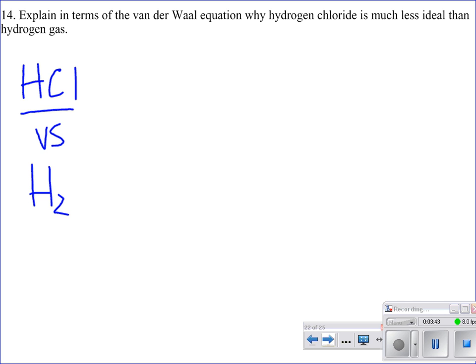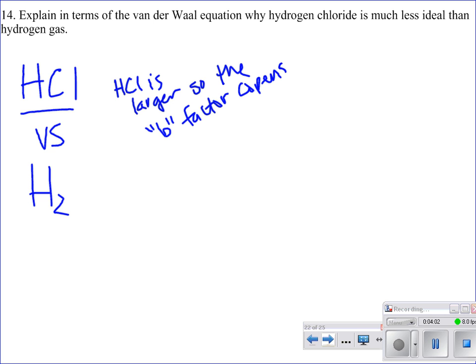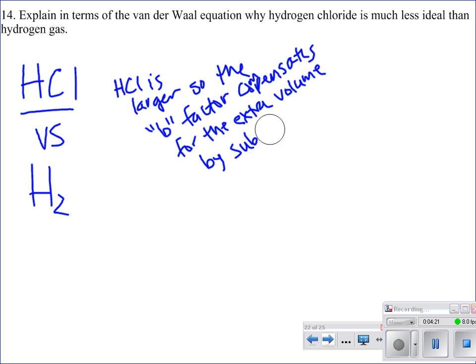Two reasons. The first one is the easy one, which is what? Larger. HCl is larger, so the b factor compensates for the extra volume by subtracting from the original volume.